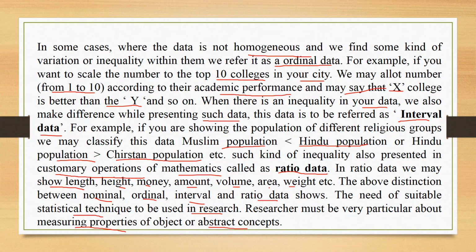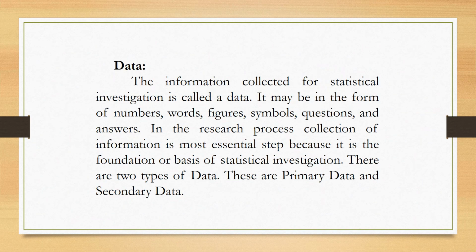So first of all, let's learn about data. The information collected for statistical investigation is called data. It may be in the form of numbers, words, figures, symbols, questions, and answers.